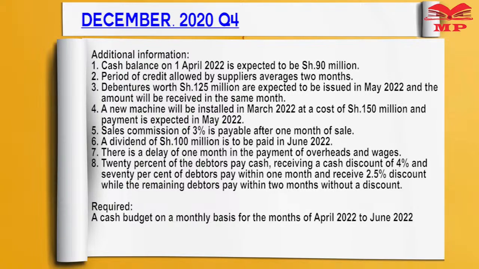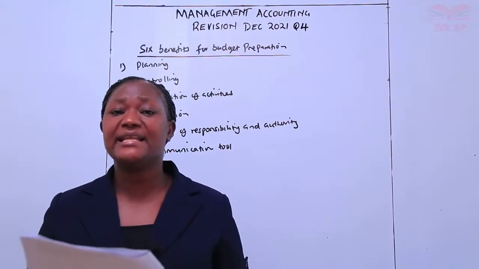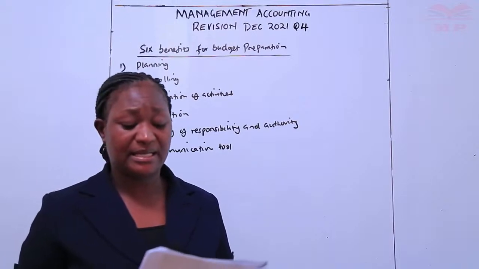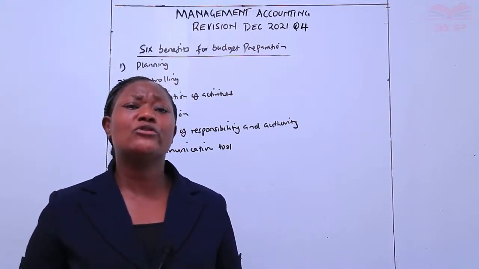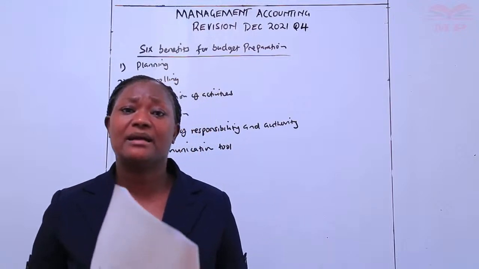So when we prepare a cash budget, you need to understand what a cash budget is. A cash budget is simply that budget that records the expected cash receipts and the expected cash payments. So we do not include any credit transaction on a cash budget.